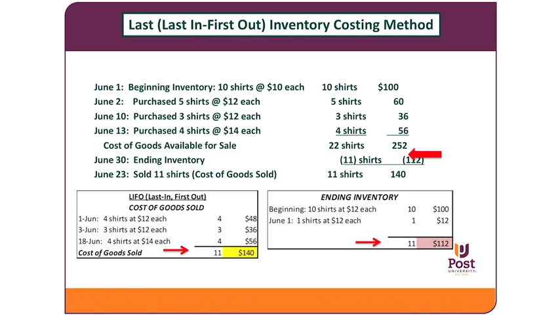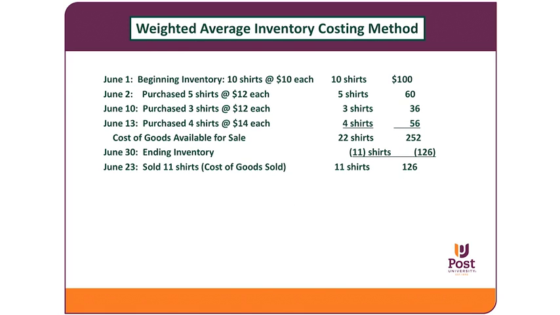The ending inventory must consist of the remaining shirt bought on June 2nd for $12 and the 10 at $10 each in the beginning inventory. $12 plus $100 equals the $112 ending inventory.